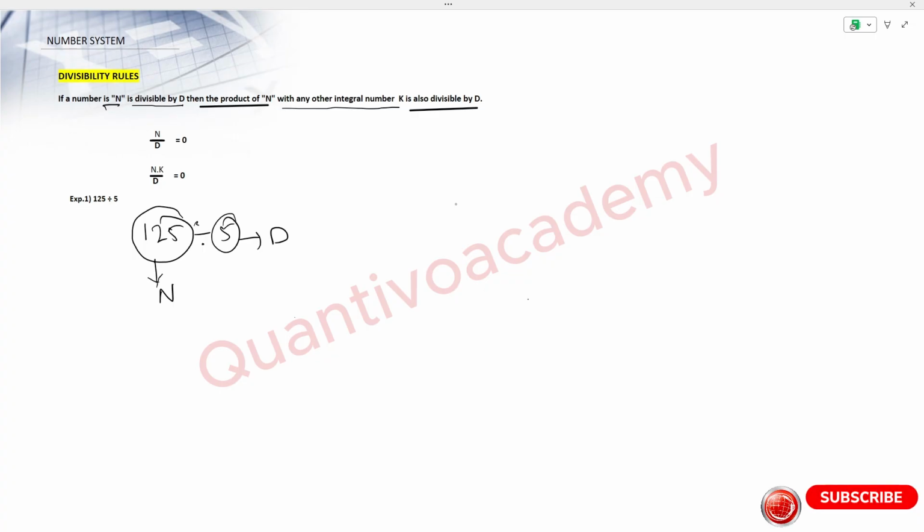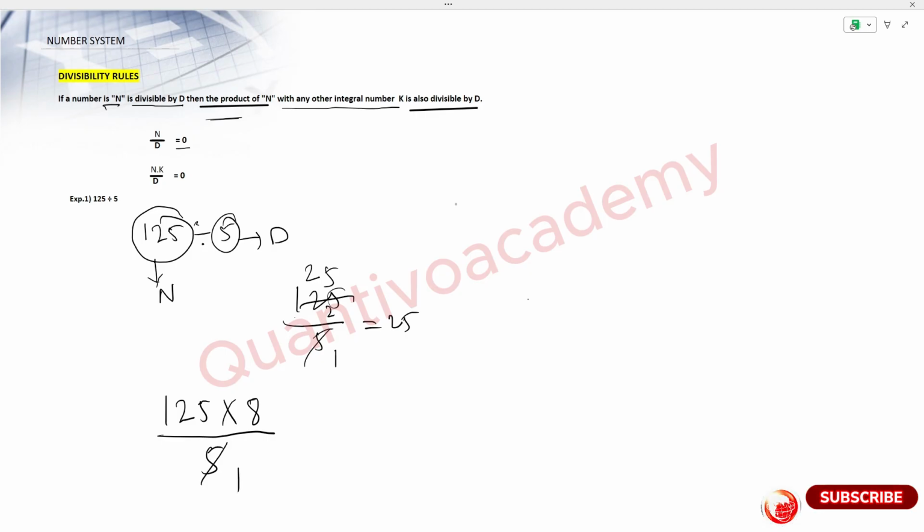When we divide 125 by 5, 5 ones are 5, 5 2s are 10, 5 5s are 25. Remainder is 0. As per this rule, if we multiply by any integral number, say 125 into 8, it must be divisible by d. So 5 ones are 5, 5 5s are 25, 5 40s are 200.